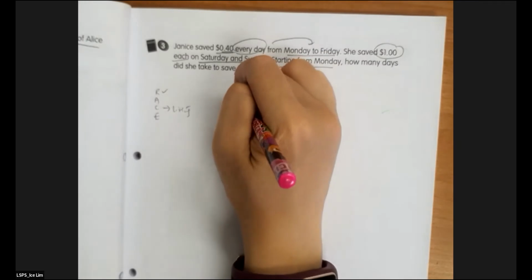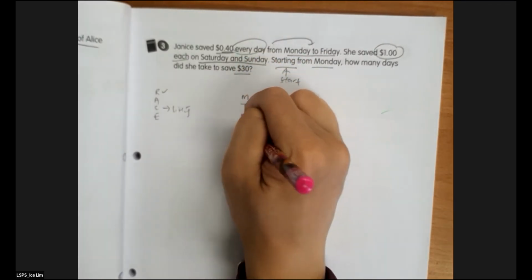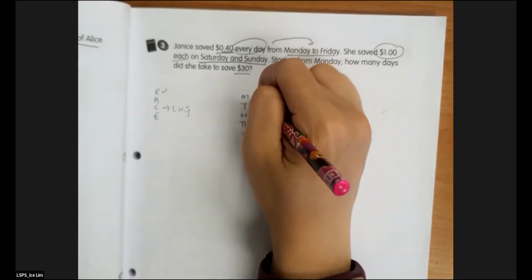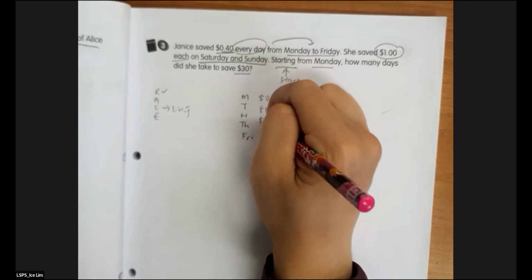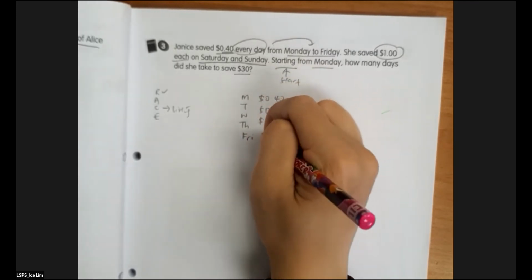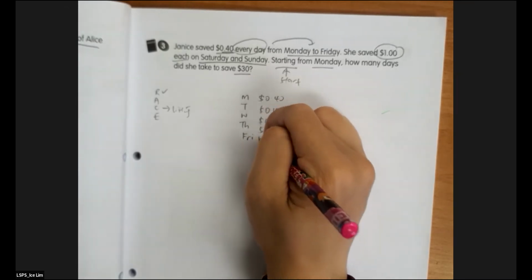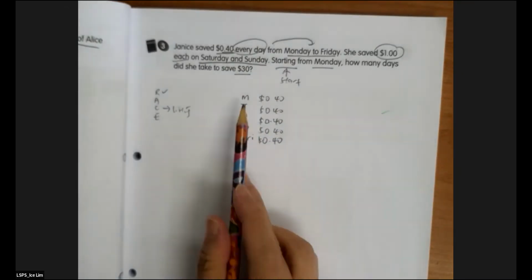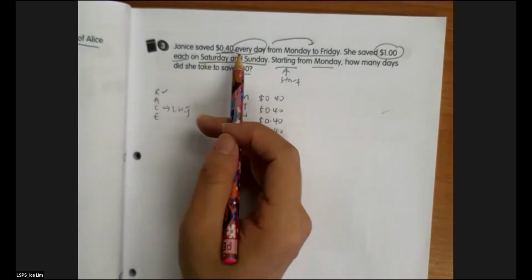Because I write Monday, Tuesday, Wednesday, Thursday, Friday: 40 cents, 40 cents, 40 cents, 40 cents, 40 cents. That's what it means here.